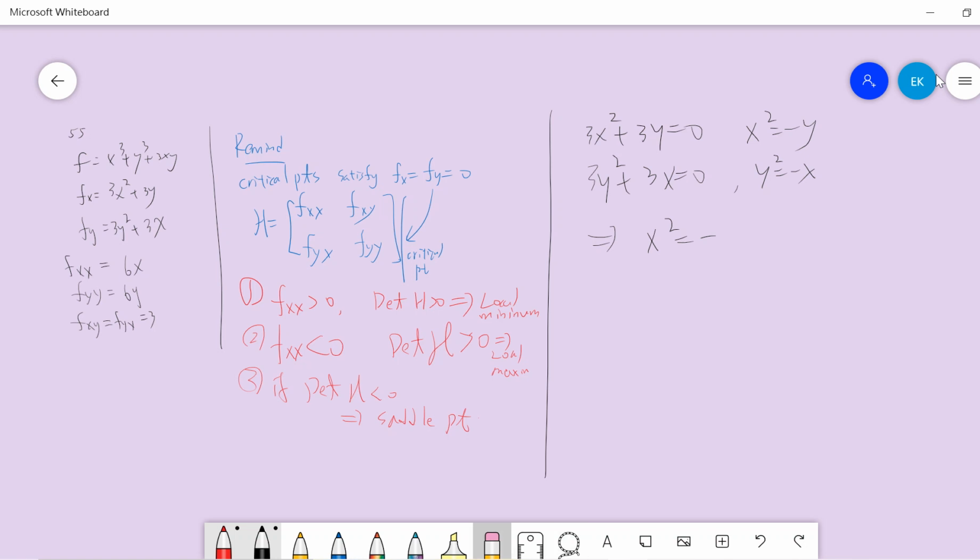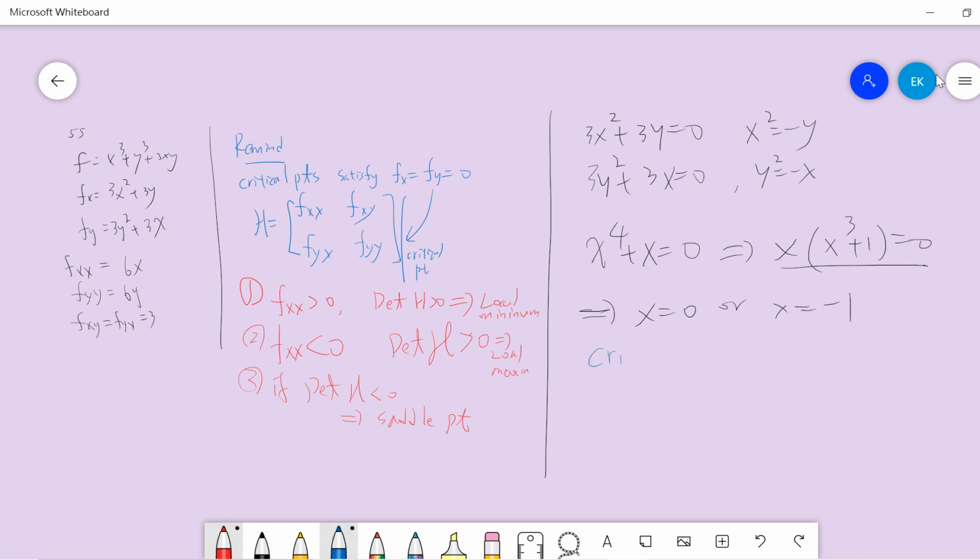Okay, so maybe I should do this: I plug in y to be minus x squared. So this is x to the fourth plus x equals 0. So we have x times (x cubed plus 1) equals 0. So we have x equals 0 or x equals minus 1. So the critical points are (0, 0) and (minus 1, minus 1).